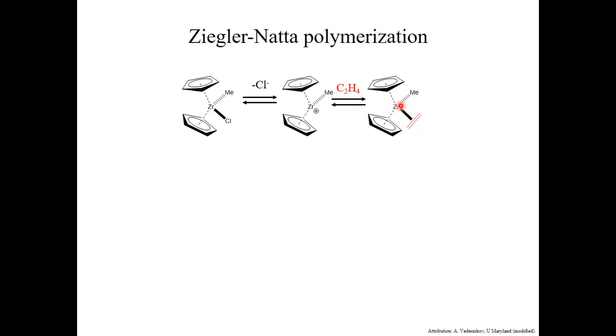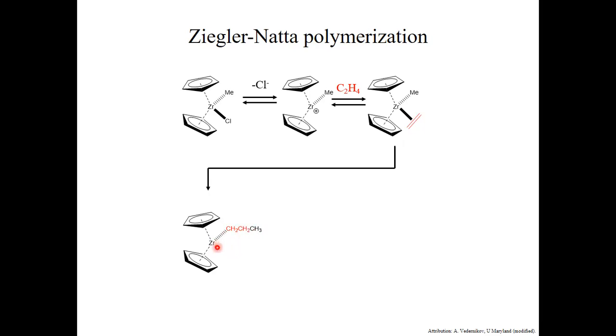So now you see that there's a methyl group next to the ethylene, and now the ethylene group can insert into the zirconium methyl bond. It's a zirconium carbon bond. Okay, so now this gives a longer alkyl chain. In this case, it's made of 3 carbon atoms.